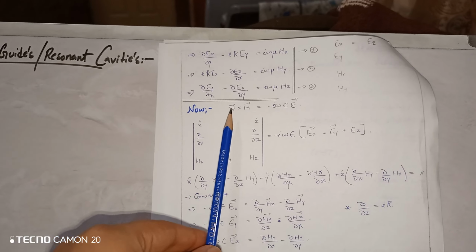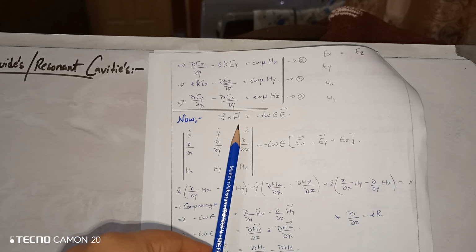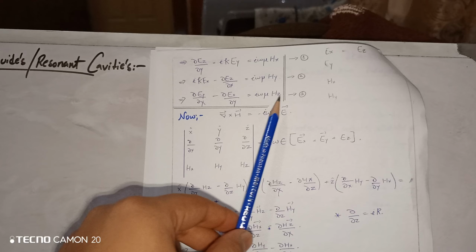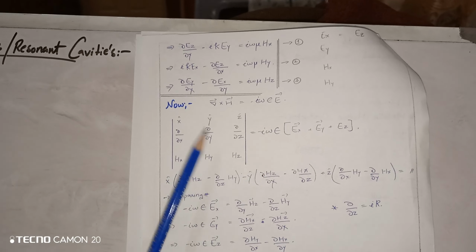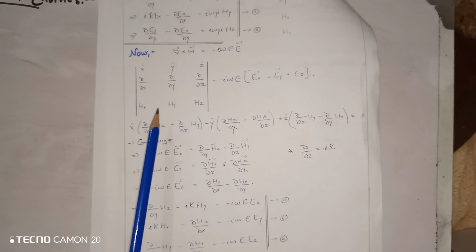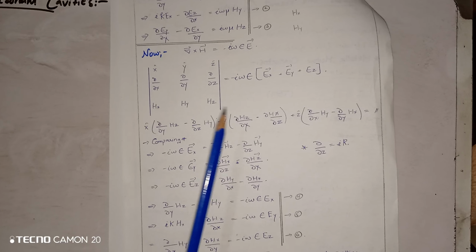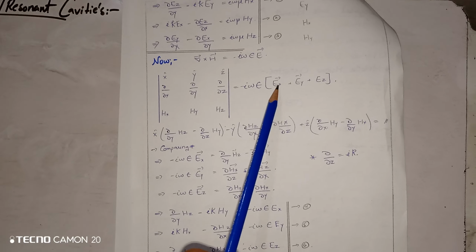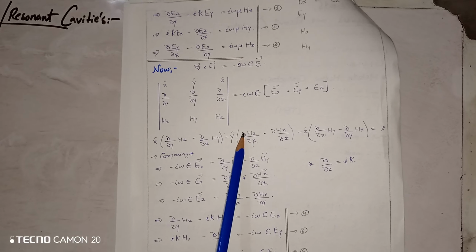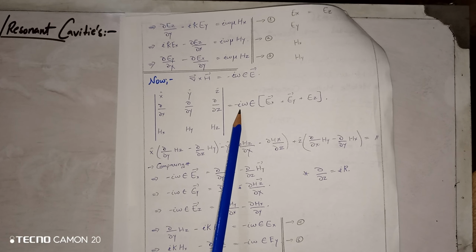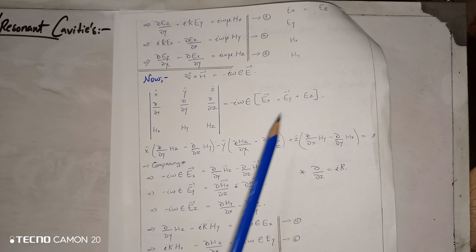Similarly, you have to do the same for the second, Ampere's Maxwell's law, which is the curl of the magnetic field equals minus iota omega epsilon E. So just take the curl, multiply, take the determinant similarly as you did before, and take common from this. So Ex becomes equal to this, Ey becomes equal to this, and Ez becomes equal to this, and there is a factor of minus iota omega epsilon with the E values.